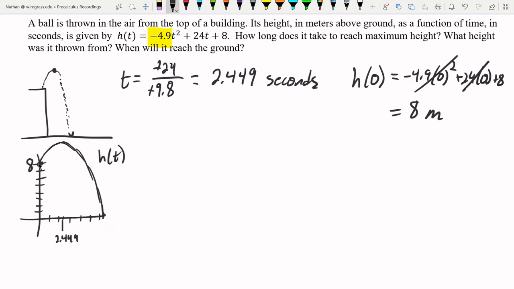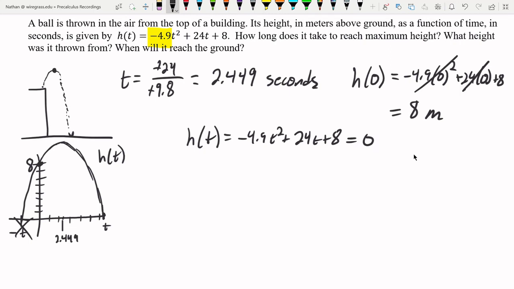Of course, a quadratic goes both ways, so we're going to get two x-intercepts. This one's going to be negative. This one's going to be positive. We don't want the negative one because that doesn't make sense. We want a positive one here. And all we're asking is, when is h of t, negative 4.9 t squared plus 24t plus 8, equal to 0?